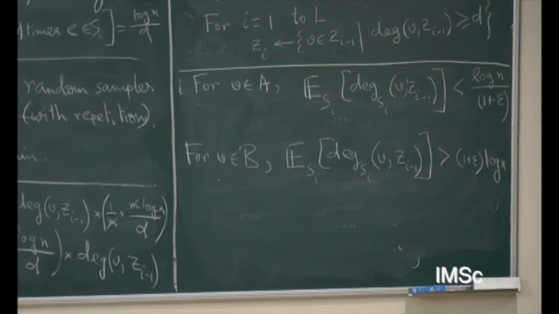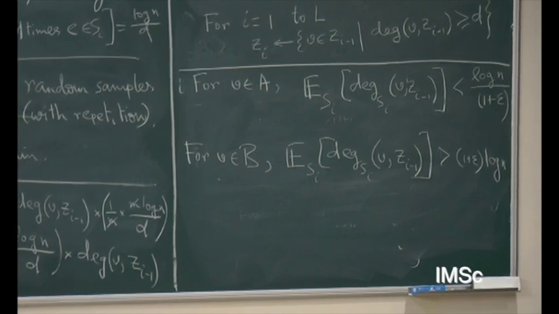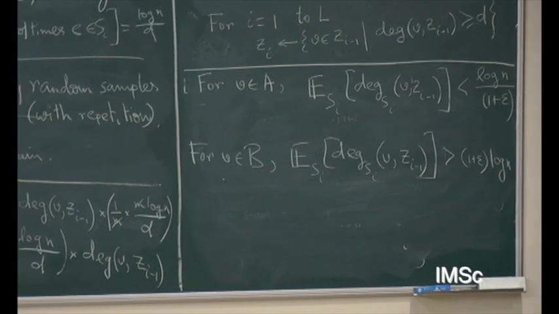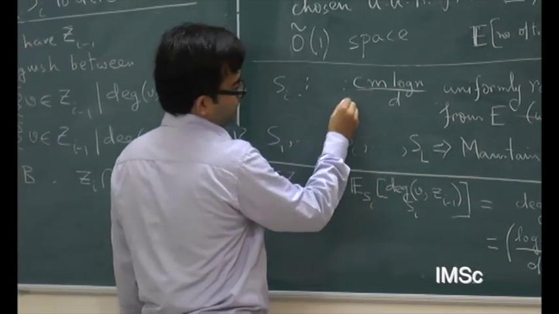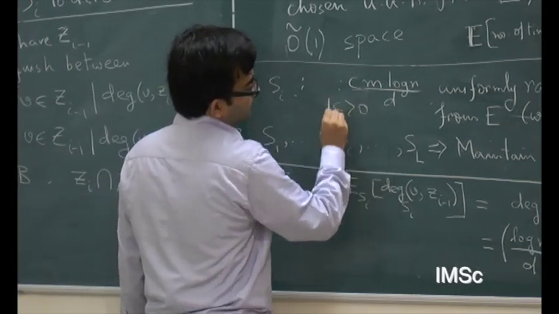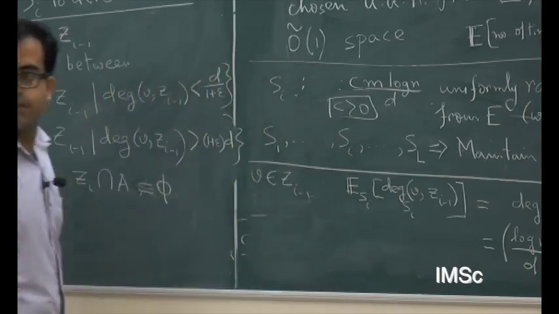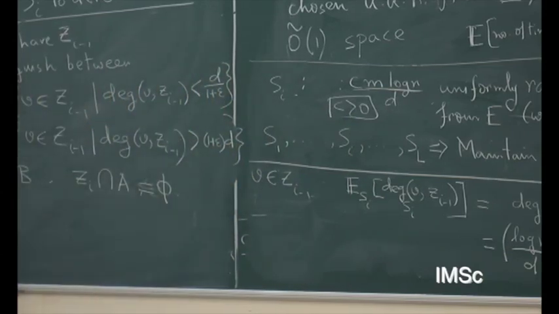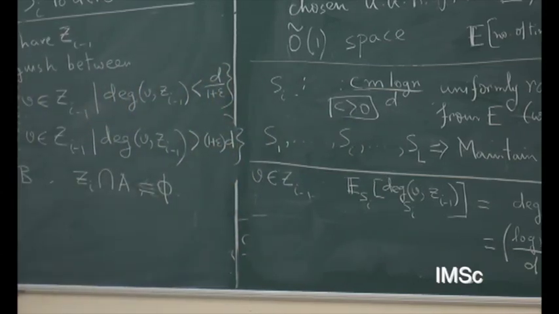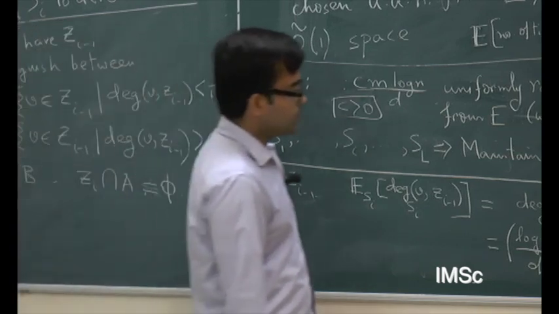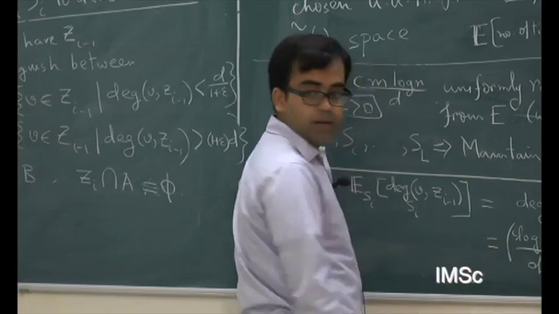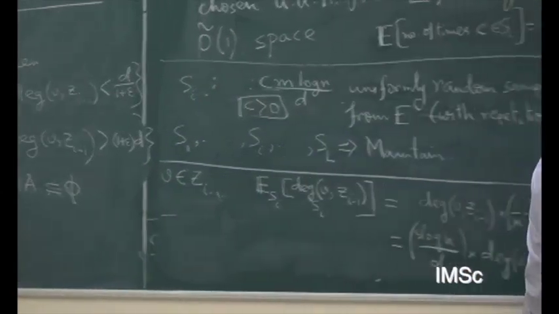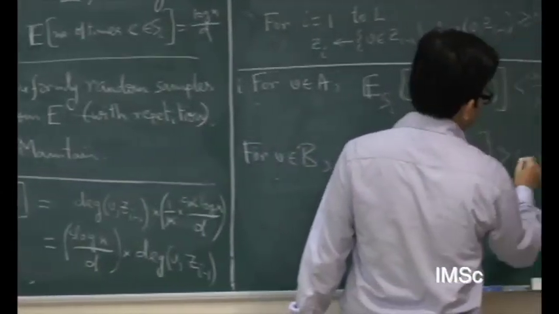Now I am just going to apologize again and say that I should have said that you pick C m log n over d samples for some constant C instead of m. C is some constant greater than 0, and you will see in one moment why. Because then this becomes C log n over d, and this expectation becomes this.